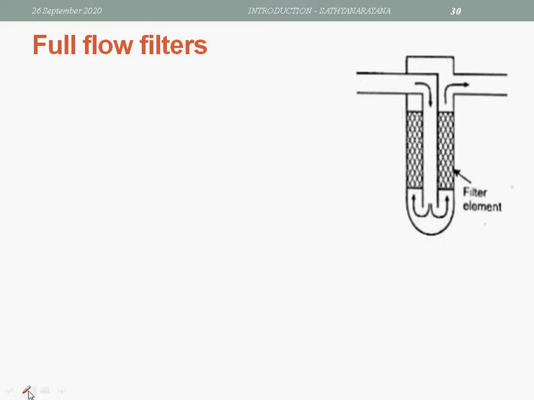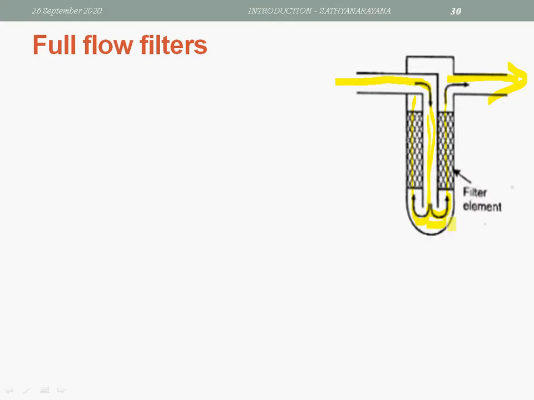As we can see in this diagram, the oil entering from the inlet is sent to the bottom of this bulb, and at the periphery we have the filtering element or mesh element. With the help of this element, the oil is filtered and sent out from the outlet side. So we are not bypassing only a portion of the oil, we send the complete oil.